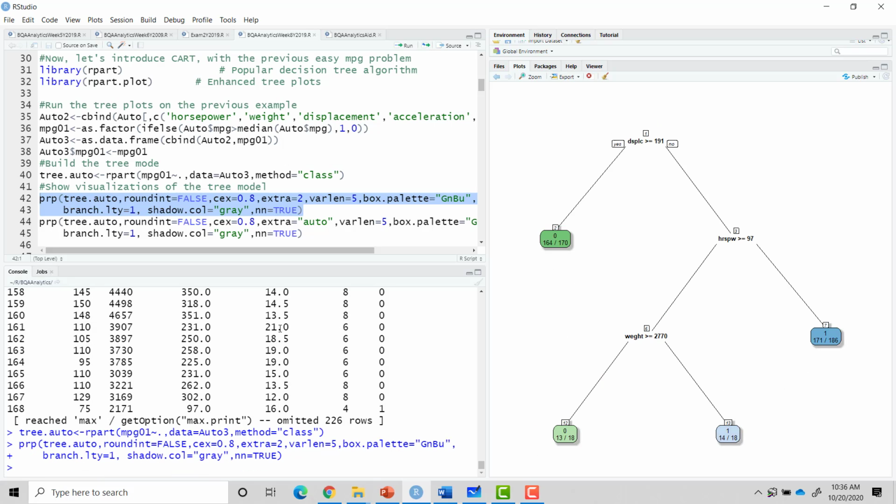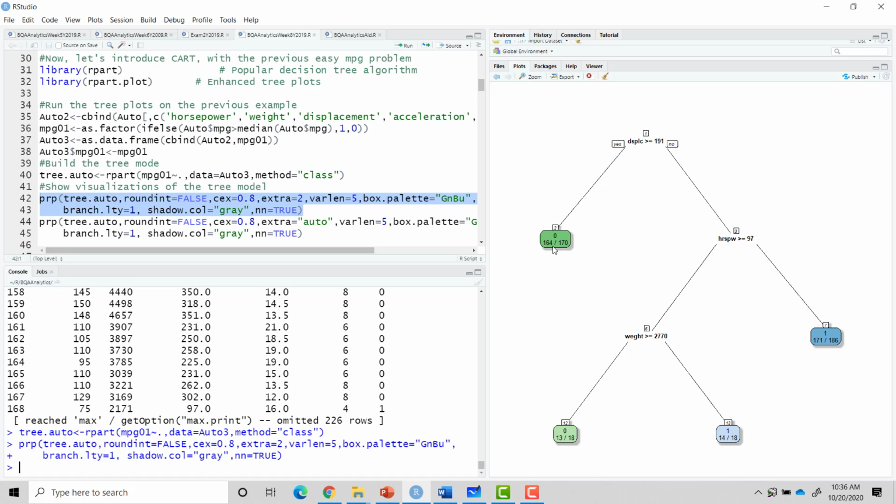So here's my tree. And this is very simple. It was a very simple problem. So we have, okay, is my car's displacement greater or equal to 191? If yes, then we predict that the car has worse fuel economy than average.